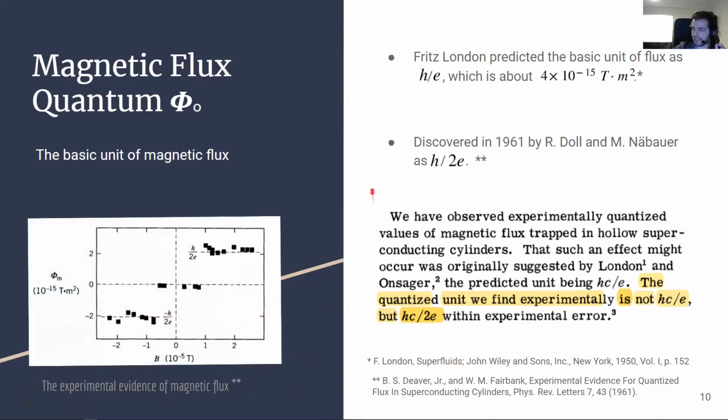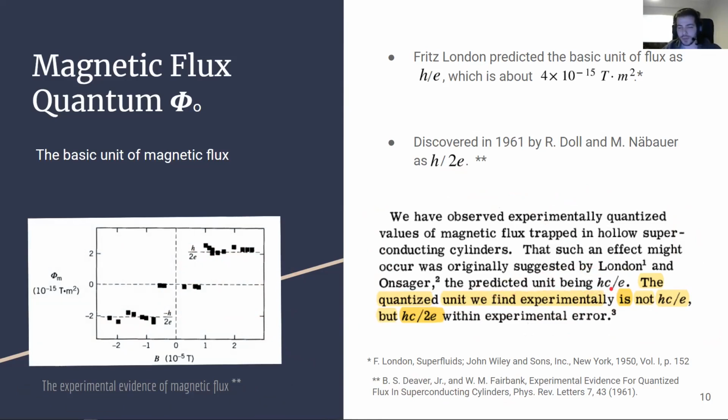This is also another picture I got from their article. Here they mention that this was originally suggested by London and Onsager, but they were not quite right.